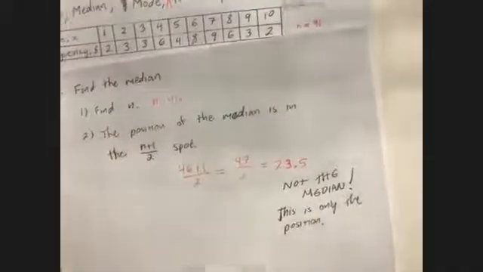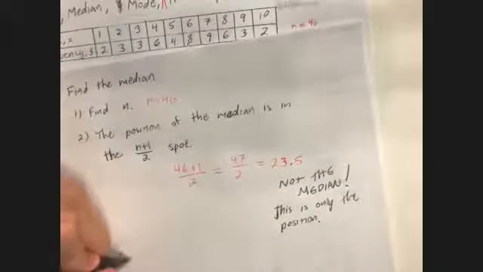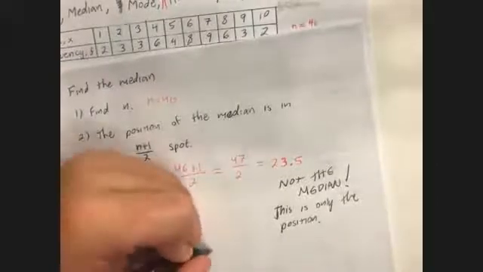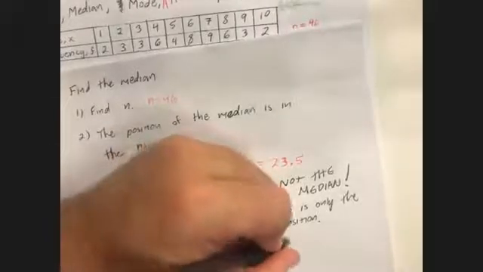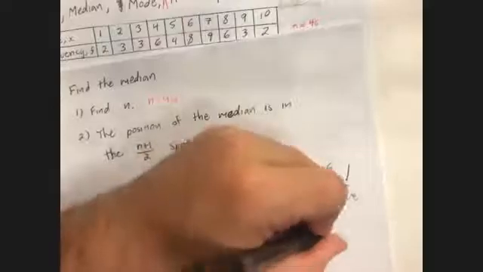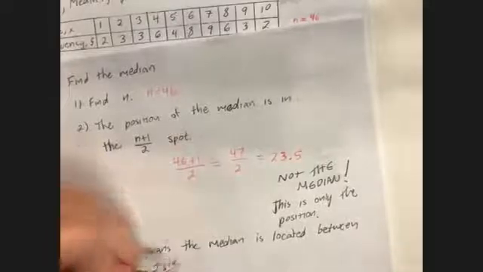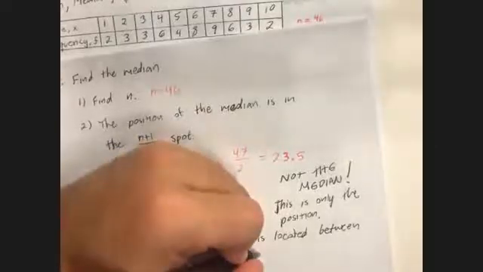So what this means is, this decimal means the median is located between the 23rd and 24th positions.